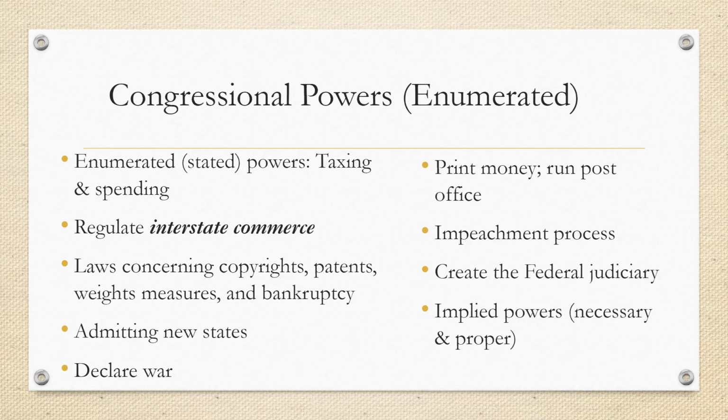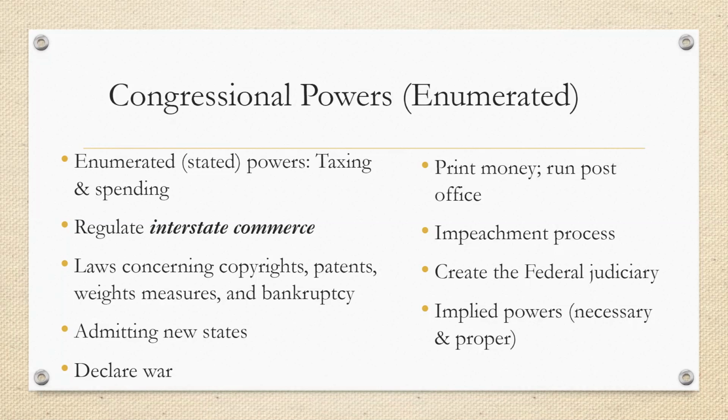Article 6 is the supremacy power, which basically says the national government reigns supreme over any state or local law. We'll talk about that later on in the course. And Article 7 is the ratification process, which pretty much became moot as soon as we ratified the document. The only time it's ever used is in ratification of an amendment, which we'll get to later on.